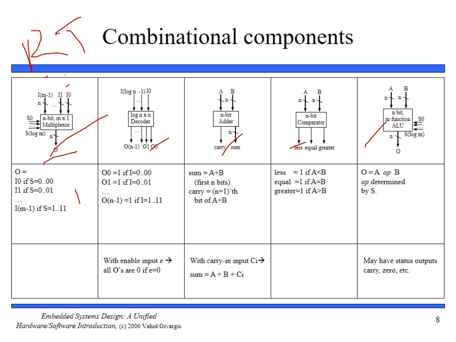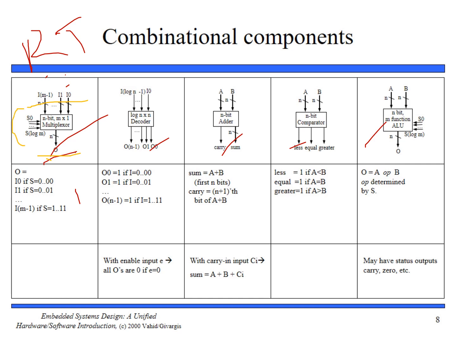Thus a multiplexer acts much like a railroad switch, allowing only one of the multiple input tracks to connect to a single output track. If there are m data paths, important thing, then there are log to the base 2 of m select lines. We call this an m by 1 multiplexer, meaning m data inputs and one data output. So these are data inputs, this is the data output, and these are your select lines.